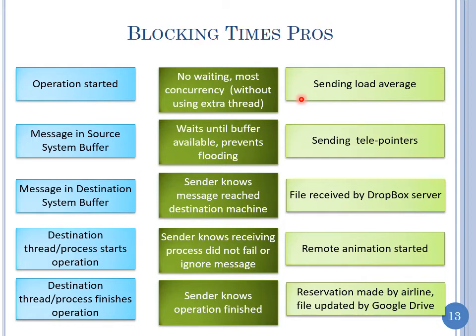And if one or two messages get lost, no big deal. I'm sending this information periodically, so I don't want to wait, and I just start the operation. I know I'm sending these averages periodically, and I'm not sending information that will flood the buffer, so I might not want to block it.